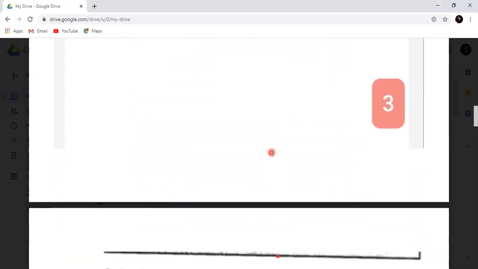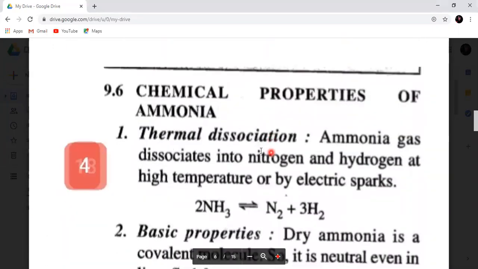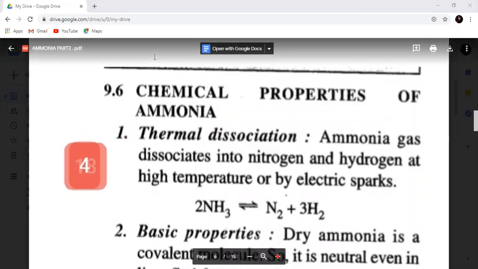Now one by one we will study the different chemical properties. The first chemical property is thermal dissociation. What does thermal dissociation mean? The dissociation of a molecule under the effect of heat.